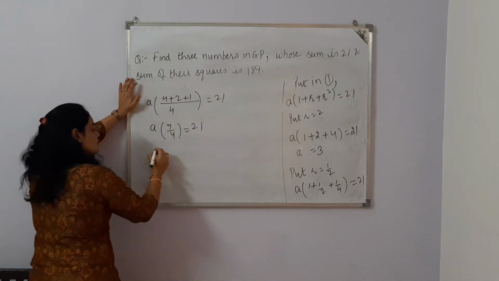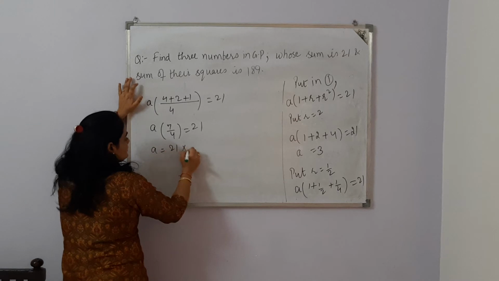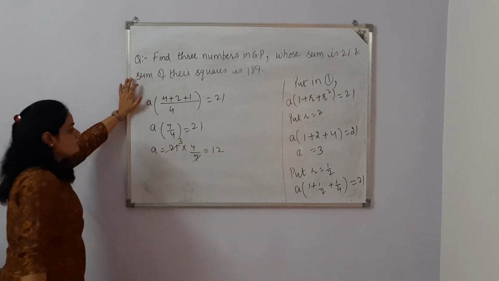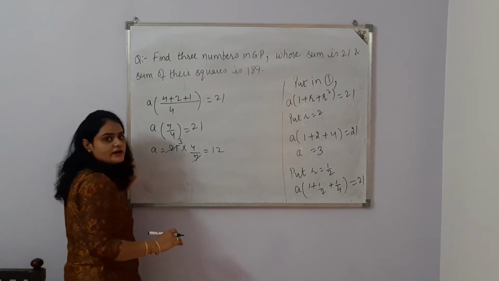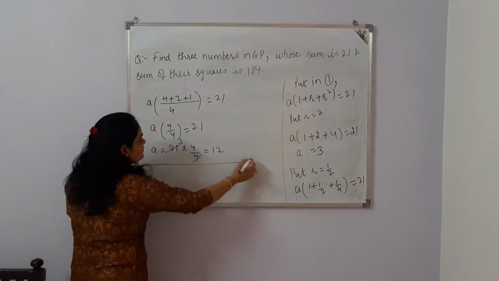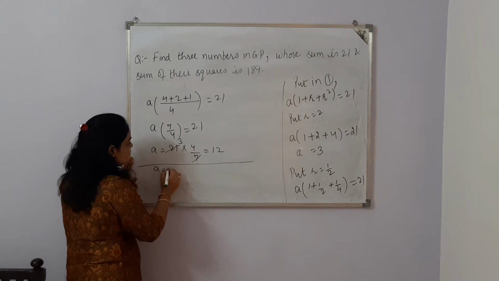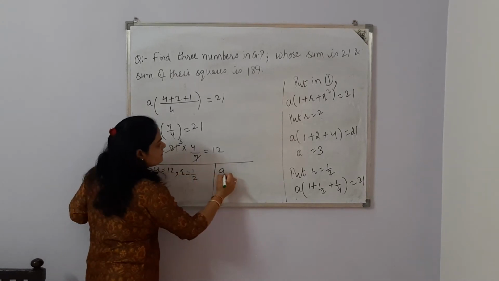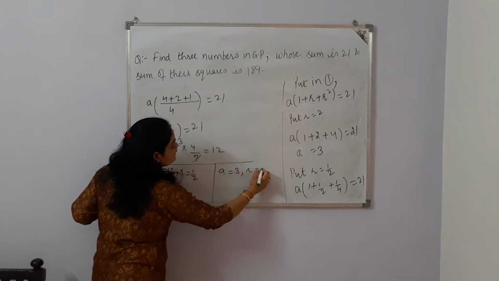When it goes to right hand side, it becomes 4 by 7, it is 12. So we have the two values of r, then two values of a. The first one is a is equal to 12 and r is equal to 1 by 2. And the second one is a is equal to 3 and r is equal to 2.